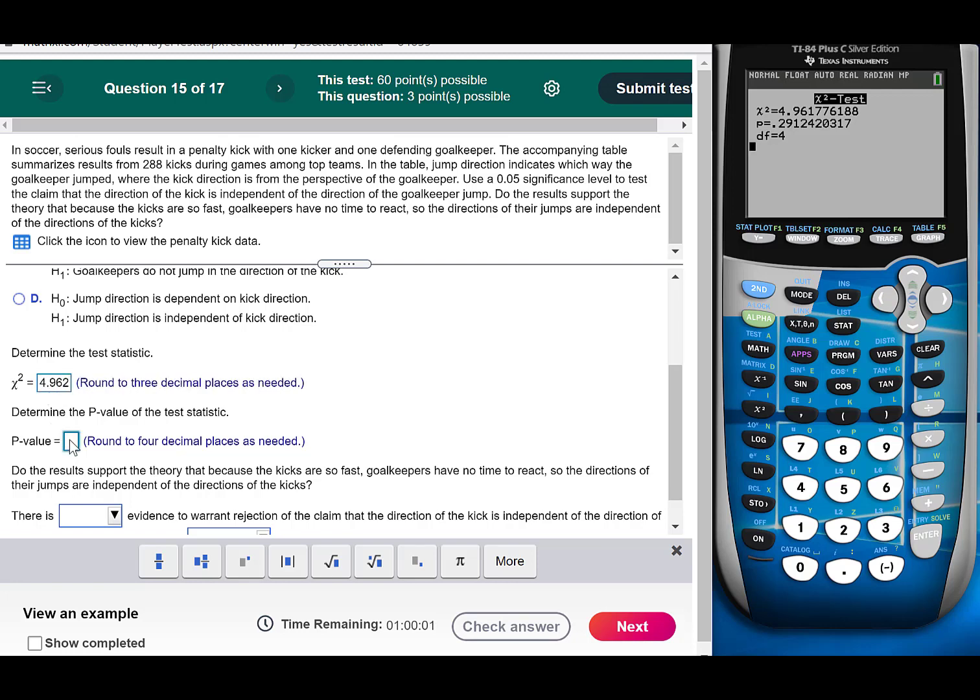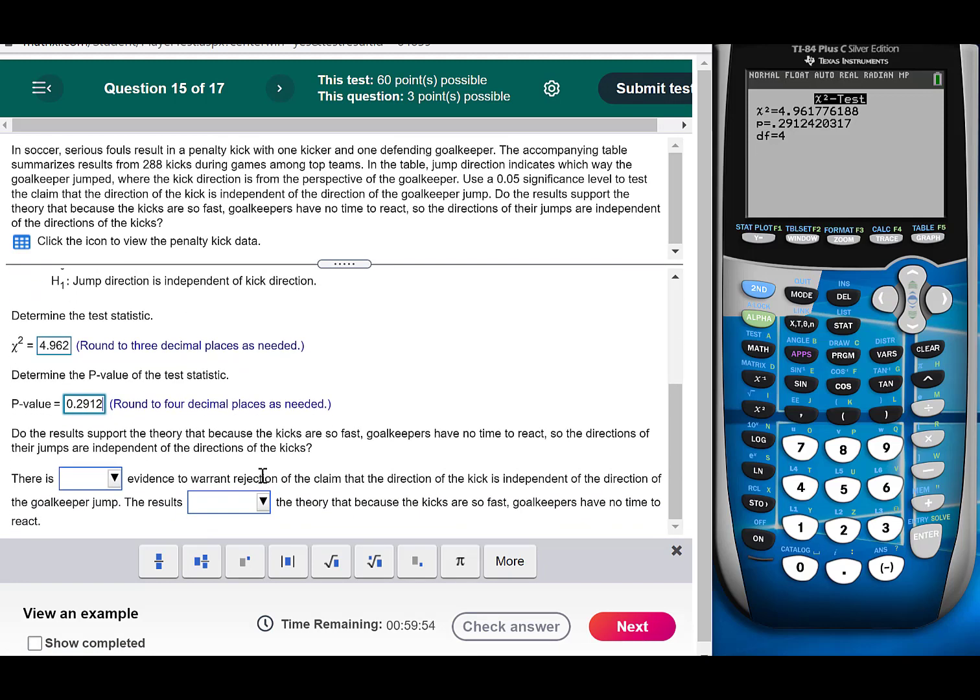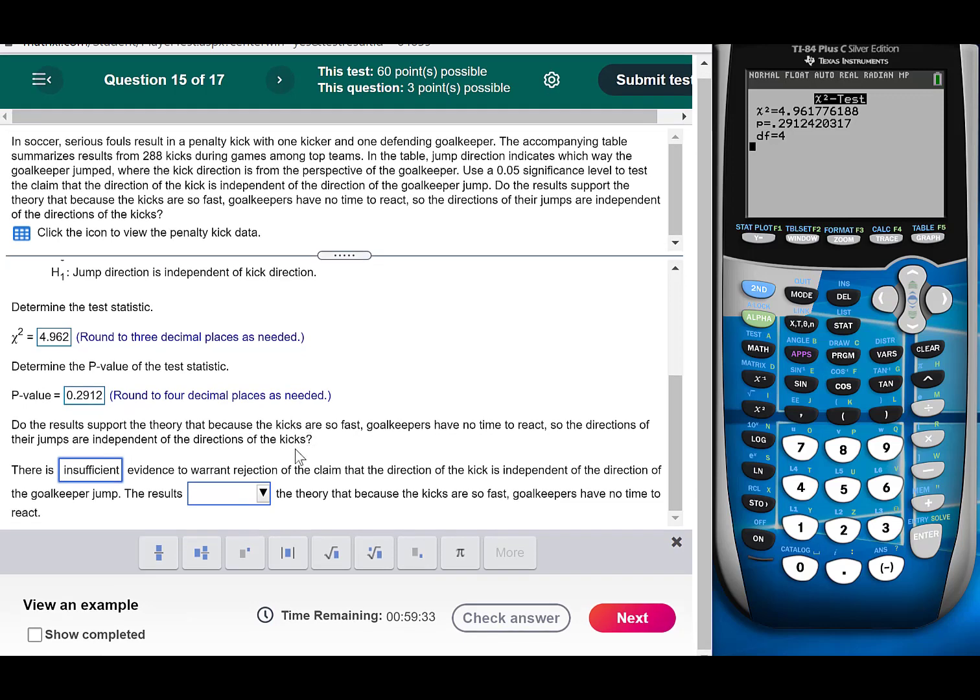P-value, you can see it's 0.2912. Okay, so we failed to reject the null hypothesis because 0.2912, guys, is bigger than 0.05. There is insufficient evidence to warrant rejection of the claim that direction of the kick is independent of the direction of the goalkeeper jump.